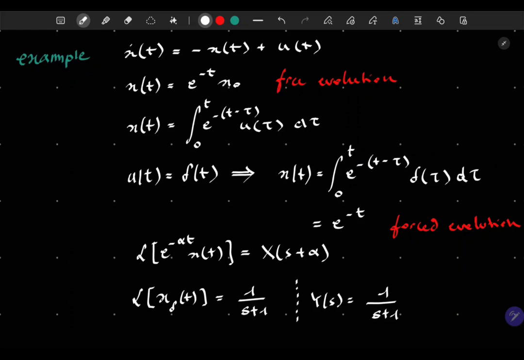And then we have B, but B is again 1. And then we know that this must be multiplied times the Laplace transform of the input. But we have seen that the Laplace transform of the Dirac delta is just 1.